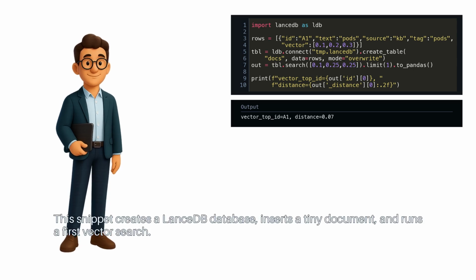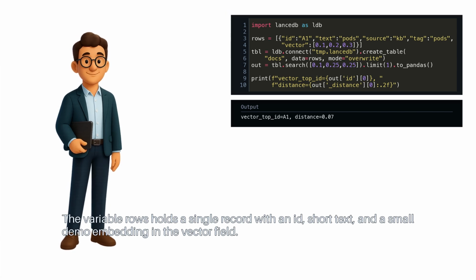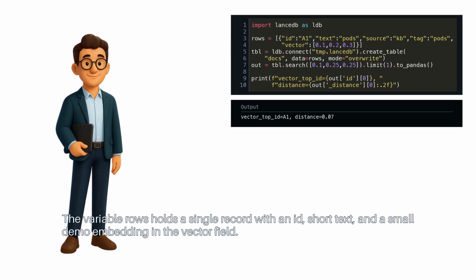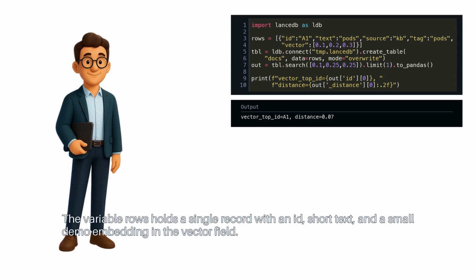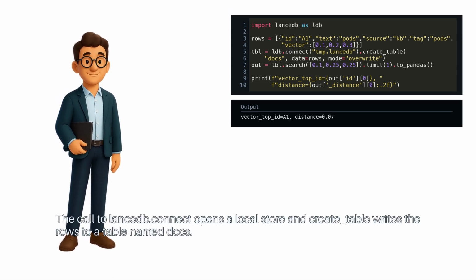This snippet creates a LanceDB database, inserts a tiny document, and runs a first vector search. The variable rows holds a single record with an ID, short text, and a small demo embedding in the vector field. The call to lancedb.connect opens a local store, and create_table writes the rows to a table named docs.